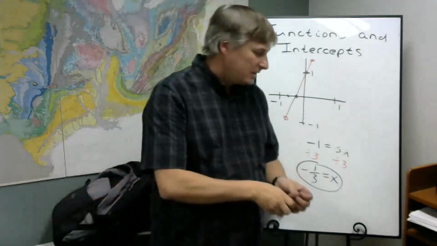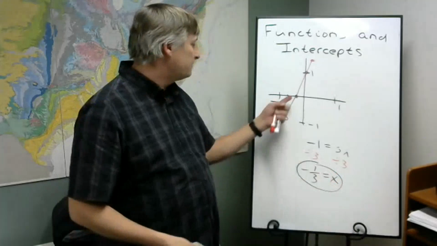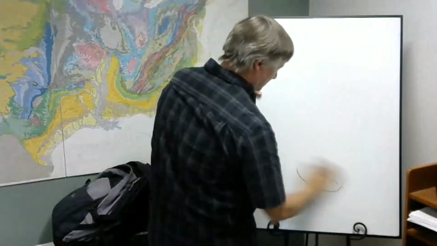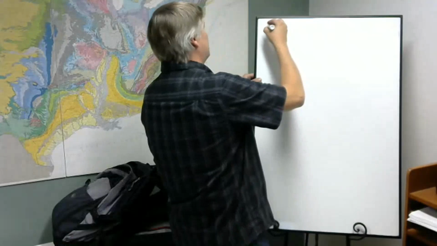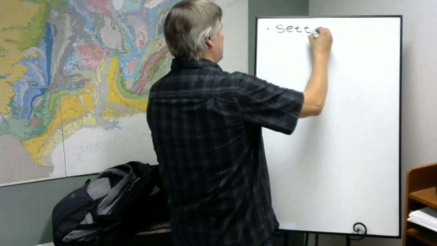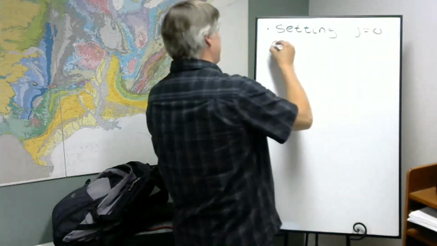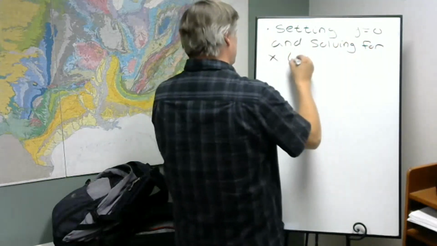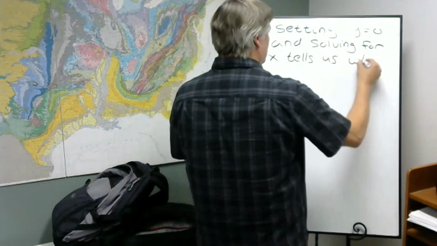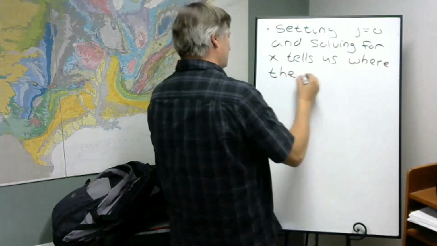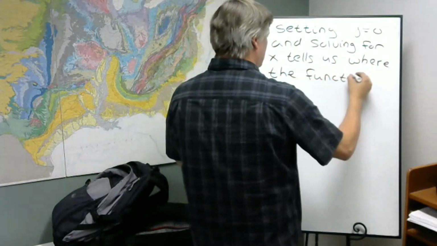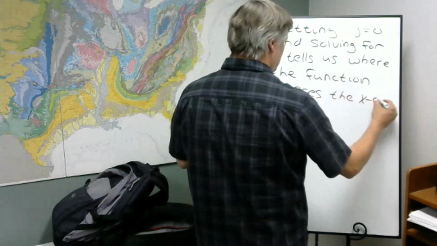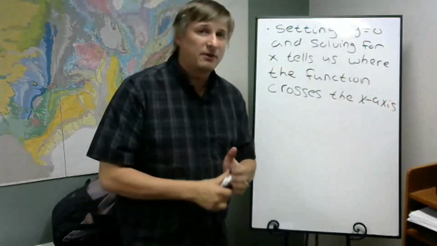By setting our function equal to 0 and solving for x, we find where our function crosses the x-axis. That's what we're finding out.